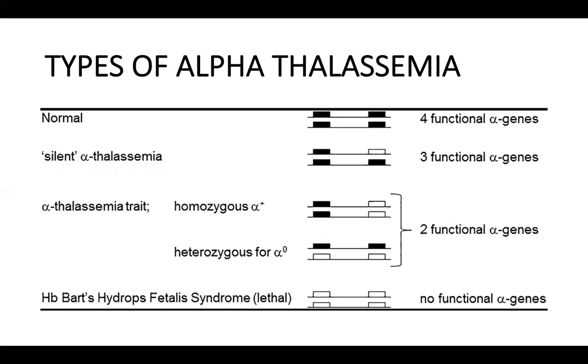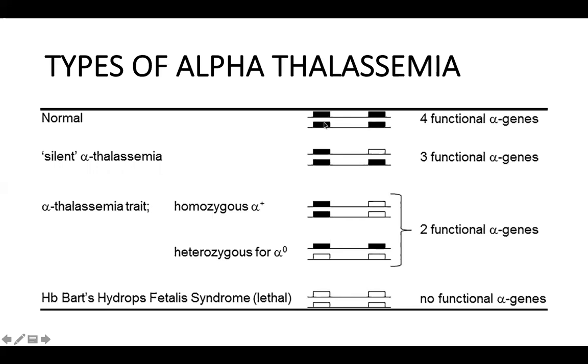Next slide. Now, when you send a patient to a genetic counselor, they're going to talk with you in that letter about cis and trans mutations. So on the first line, the 4 black boxes represent 4 functional genes.